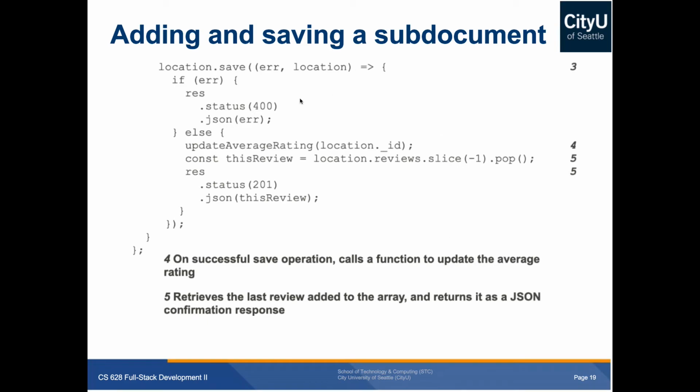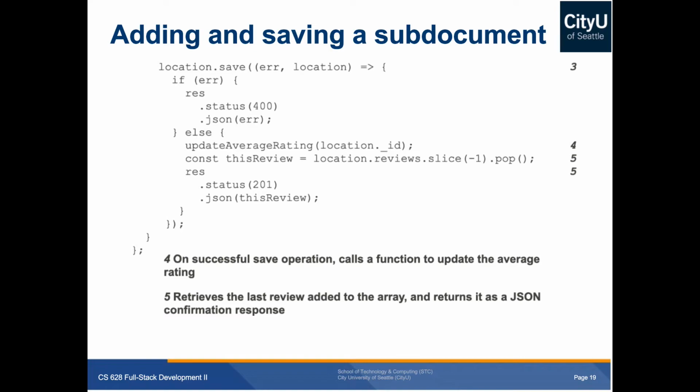Then with the save, this is now where we throw in an error if we can't. Else, if we save, the next thing that we want to do is update the average rating. Remember that in a location, we have a lot of reviews, and each review has a certain rating.